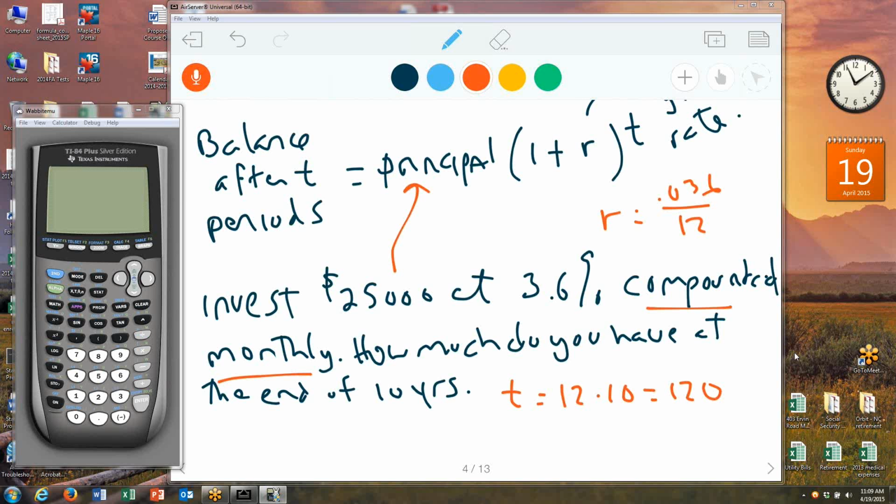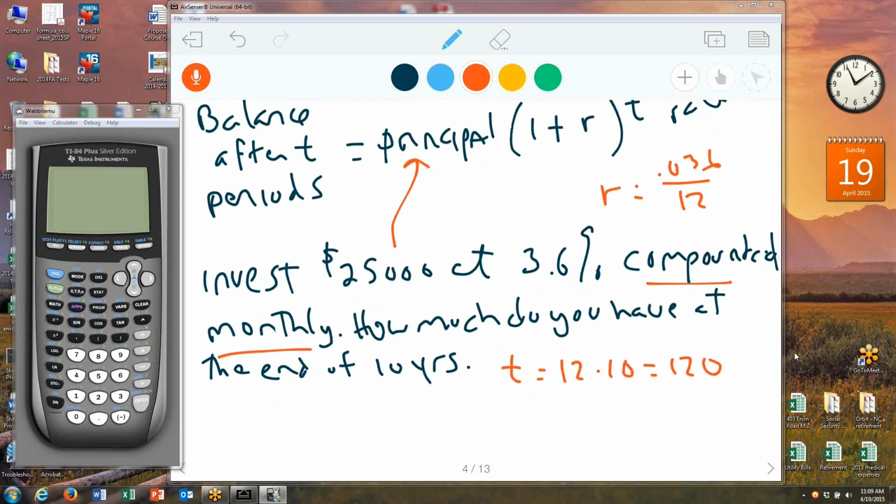So when I go ahead and plug it in this formula, my balance is equal to what I started with, the 25,000, times 1 plus my rate. Now my rate is that 0.036 divided by 12, to the t power, the number of periods, which is 120.